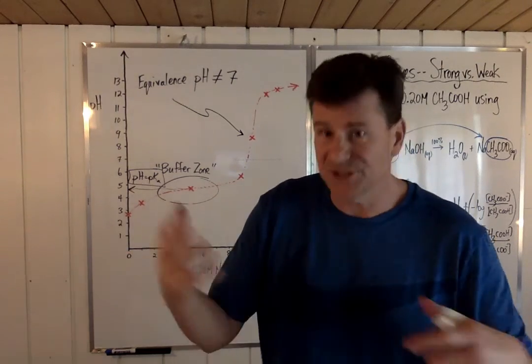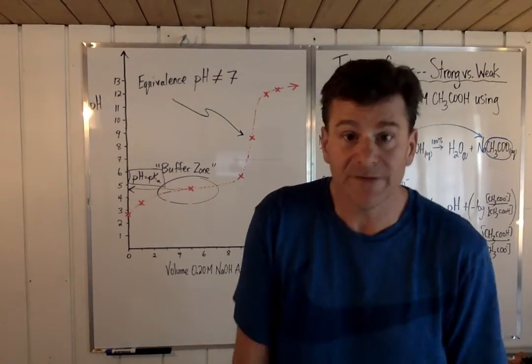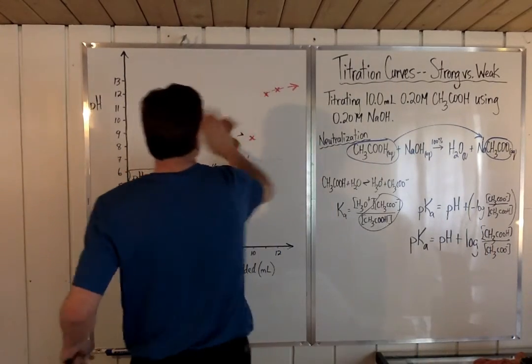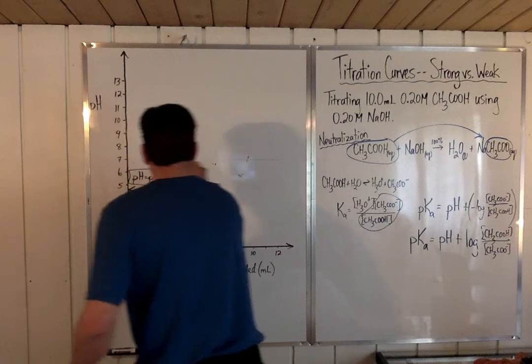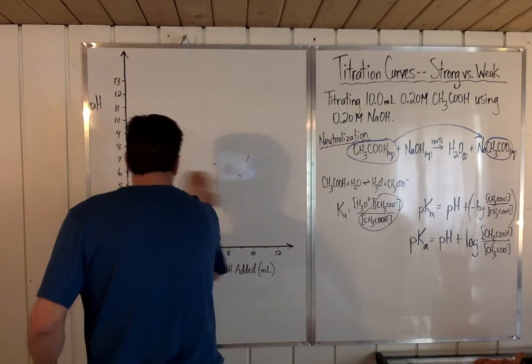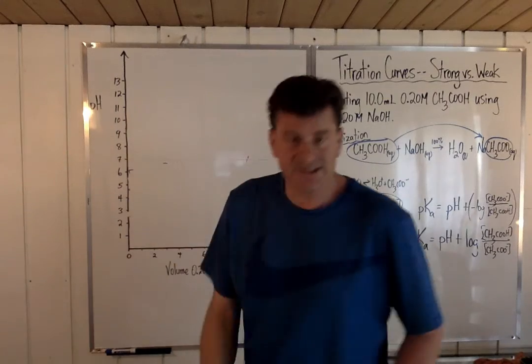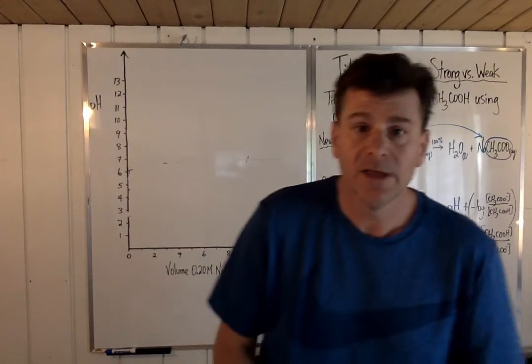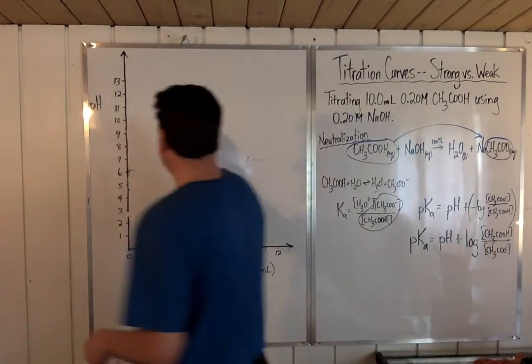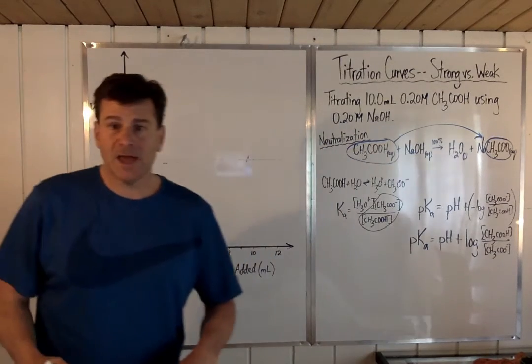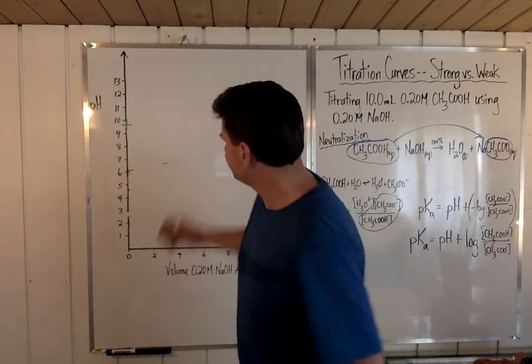If I had a base, I'm just going to draw it roughly up here. If I happen to be doing a base, okay, let's pretend I was titrating a weak base. So the pH might start up here somewhere, somewhere above 7.